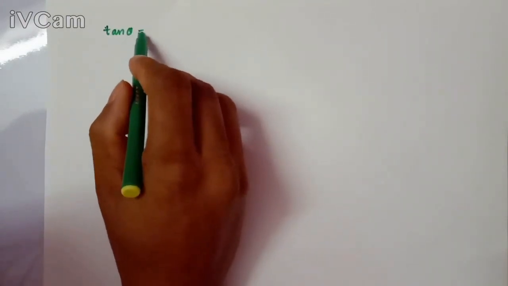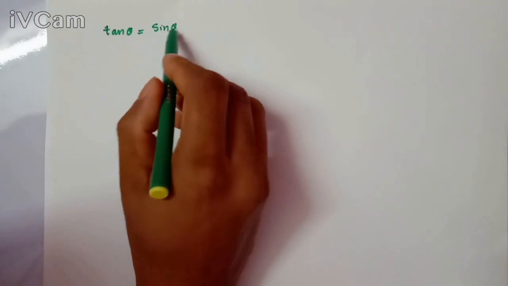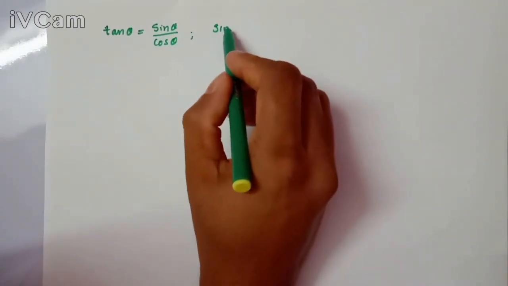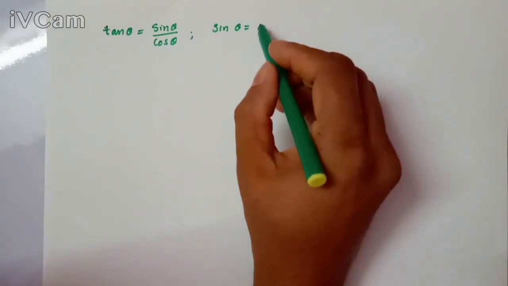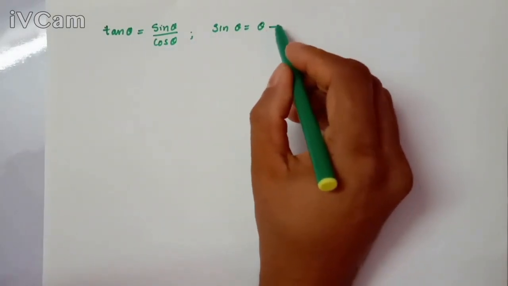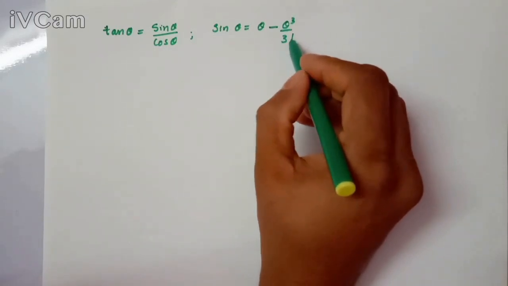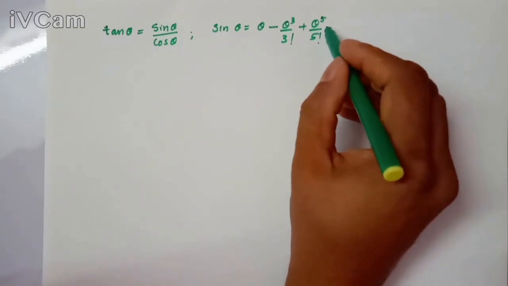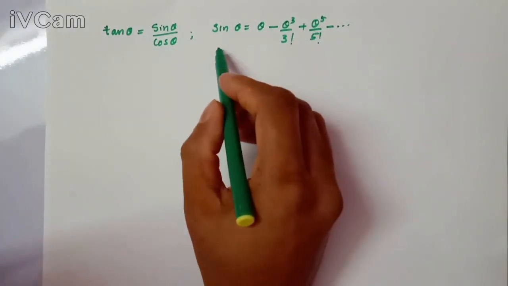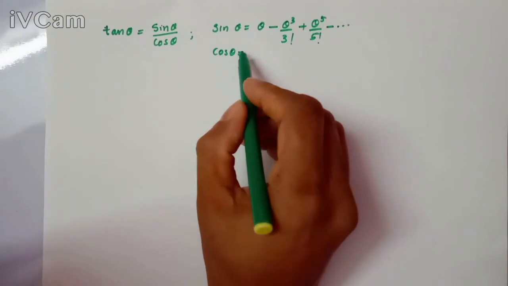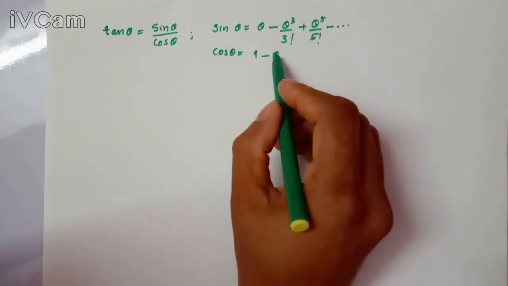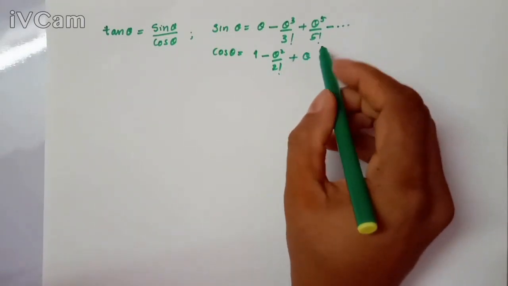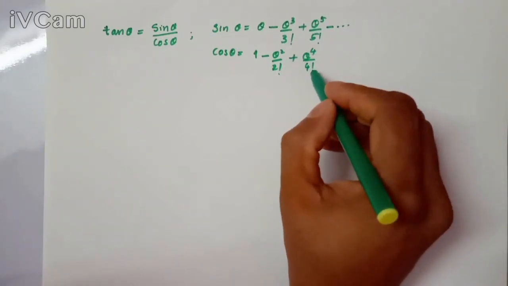Okay, we know that tan theta is equal to sine theta by cos theta, where we have proved that sine theta is equal to theta minus theta cube by 3 factorial plus theta raised to 5 by factorial 5 minus etc. And cos theta is equal to 1 minus theta squared by factorial 2 plus theta raised to 4 by factorial 4 minus.